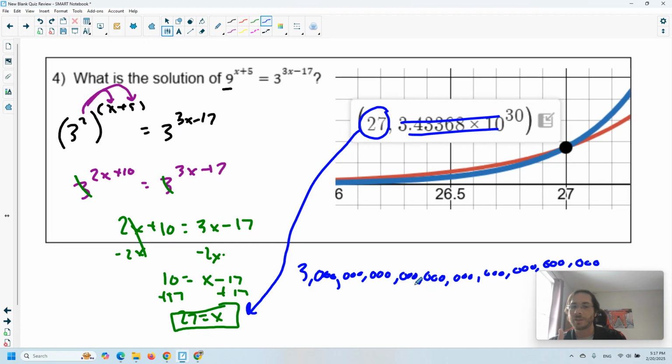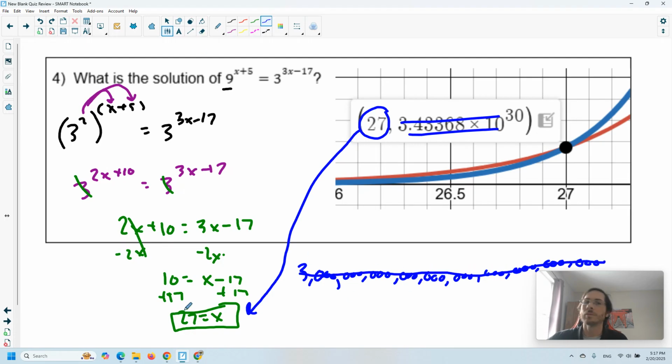We only went 27 steps, but we're already all the way up here. So we got our thousands, millions, billions, trillions, quadrillion, quintillion, sextillion, septillion, octillion, nonillion. So 3 nonillion. So around the nonillions is when our number actually shows up. But again, we don't care about this number.